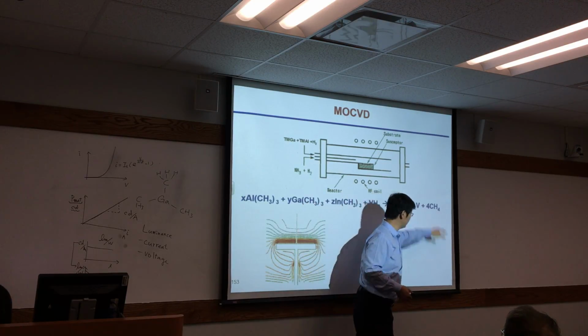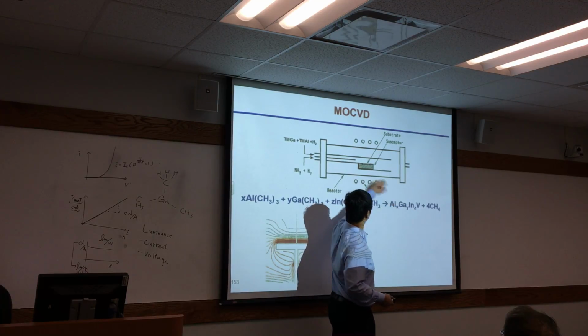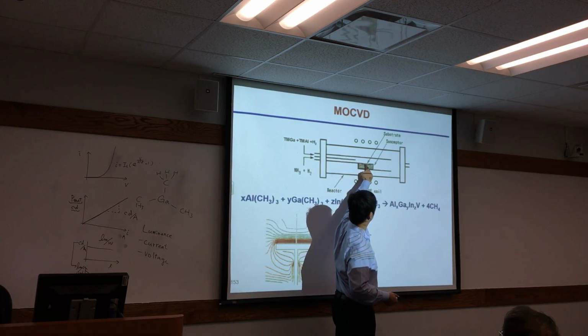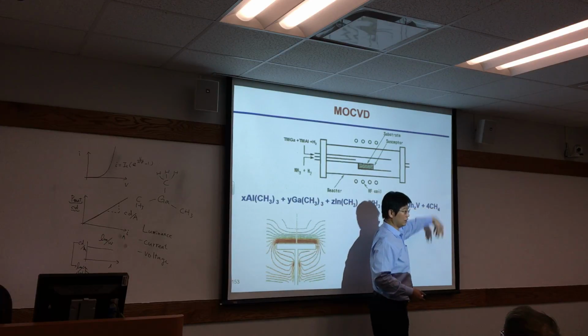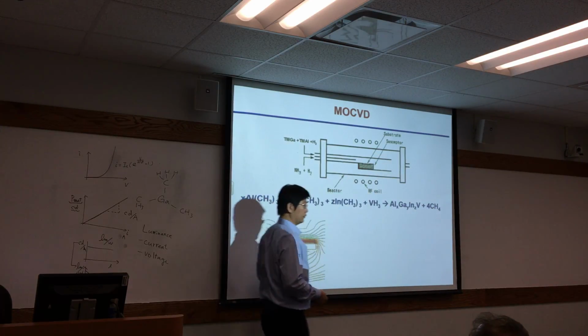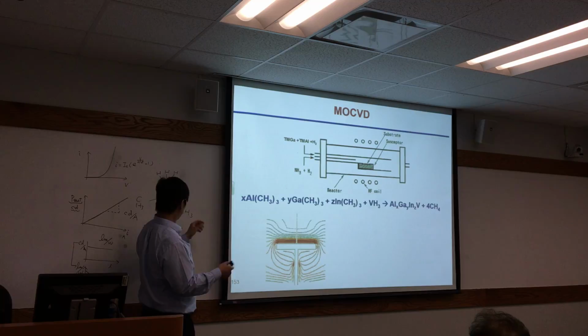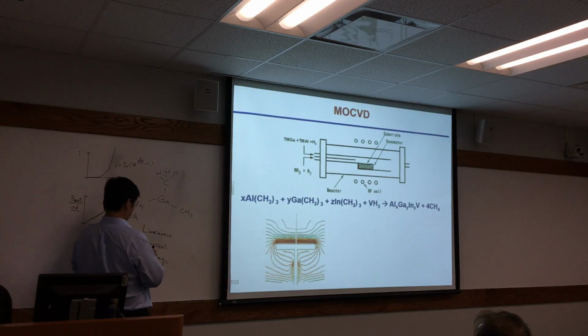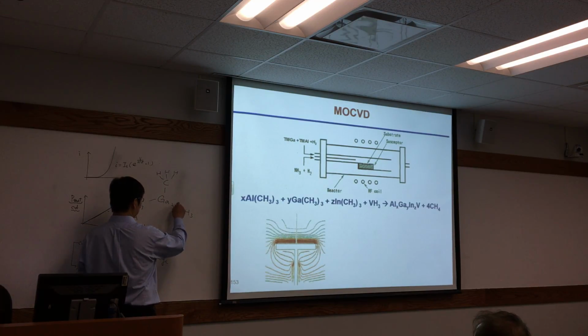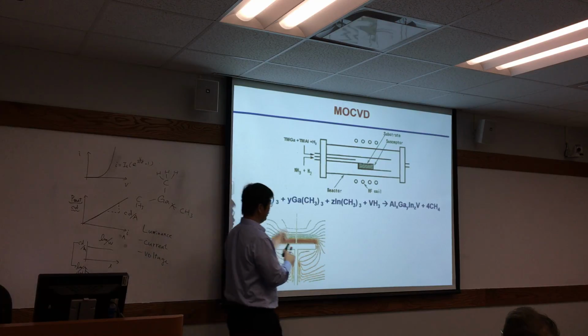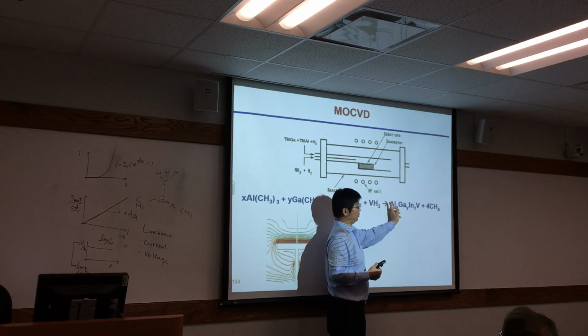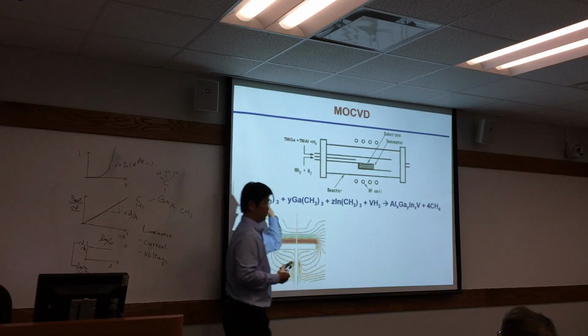Then you can obtain your material, your epitaxial growth on your substrate, and then that gas can be pumped out. And because it's easy to break the bond here, the reaction only goes in this direction. It is not possible to go in this direction.